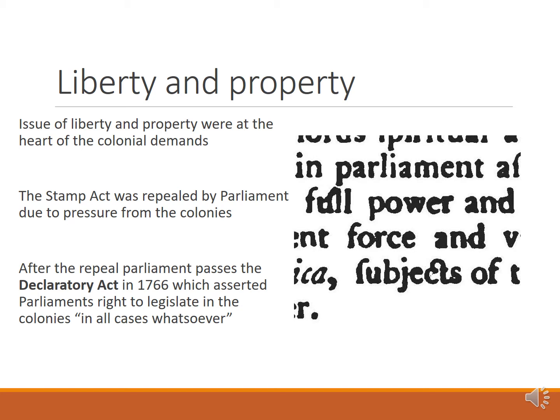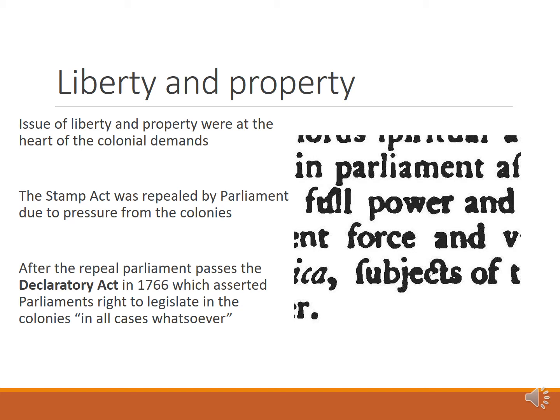The idea was that it made sense to Americans to have political liberty and to have access to property. Property, remember, gave them a political voice, because in order to vote, not only did you have to be a white male, but you also had to be a white male that owned property.